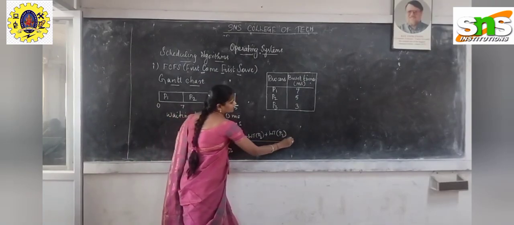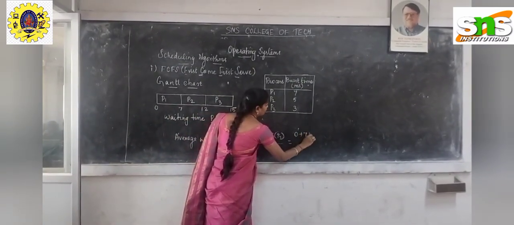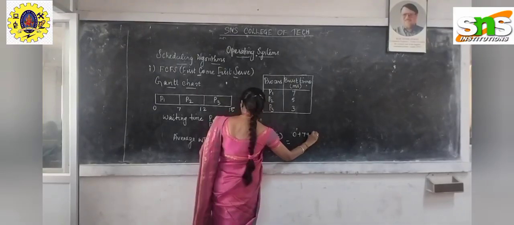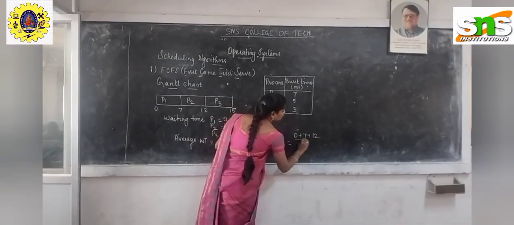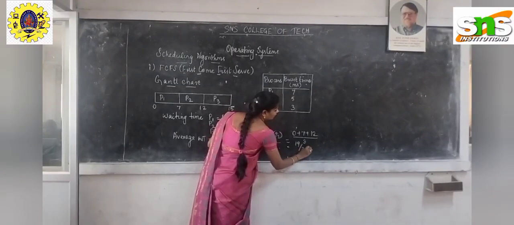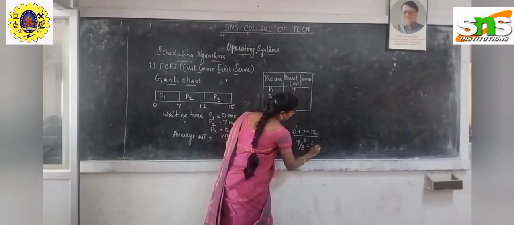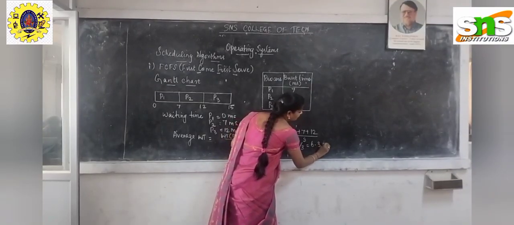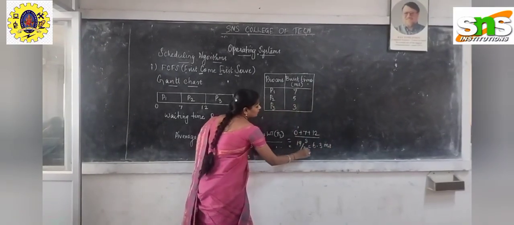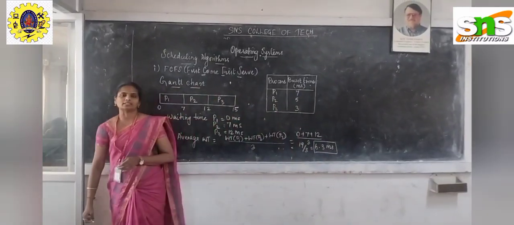This yields 0 plus 7 plus 12, which gives 19 by 3, that is 6.3 milliseconds. This is the average waiting time for first come first serve scheduling.